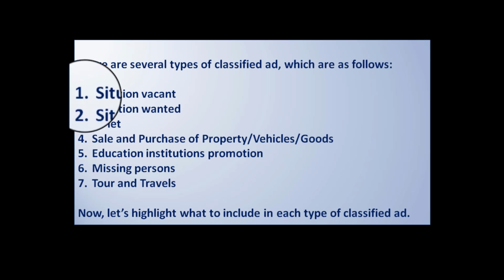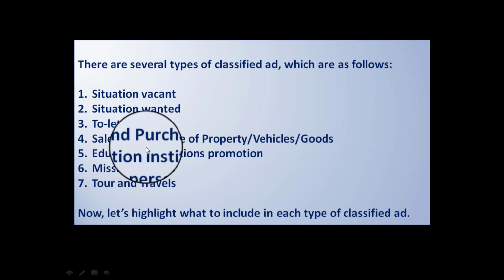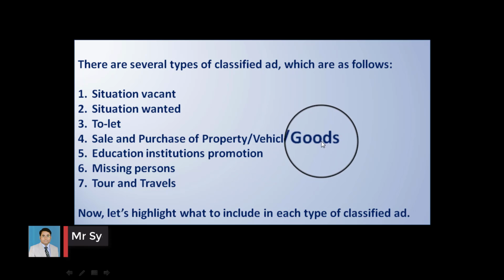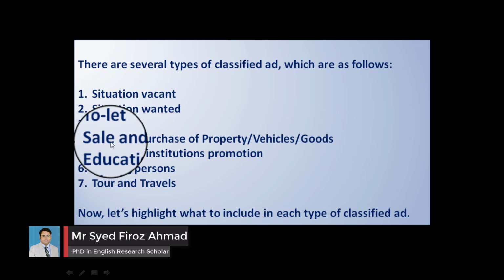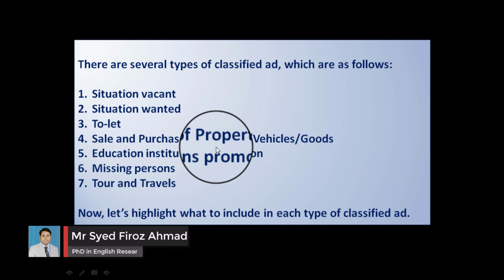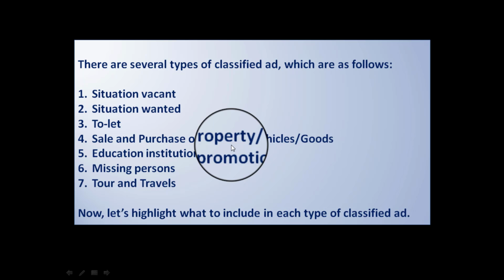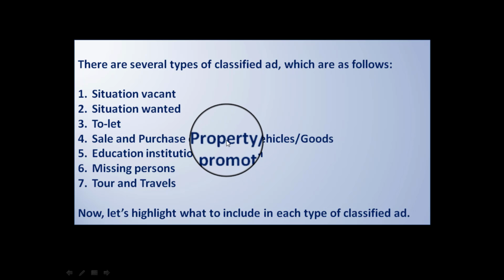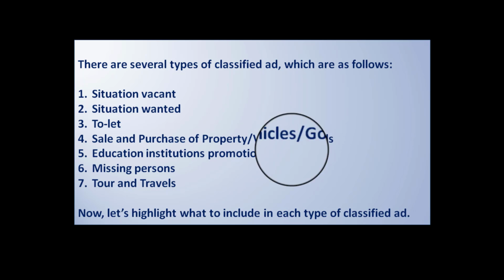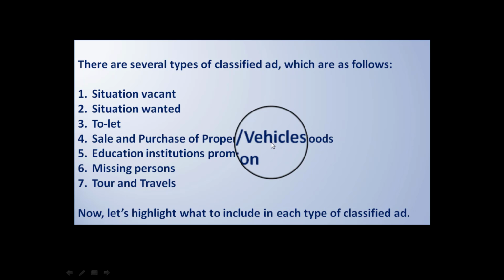Well, then after that, the fourth comes: sale and purchase of property, vehicles, goods, etc. If you want to sell or purchase, you give the advertisement. It may be about your property, for example if you want to sell your 2 BHK or 3 BHK house, or if you are making an apartment complex with plenty of flats. Sometimes you advertise to sell your old car, or to purchase an old car.